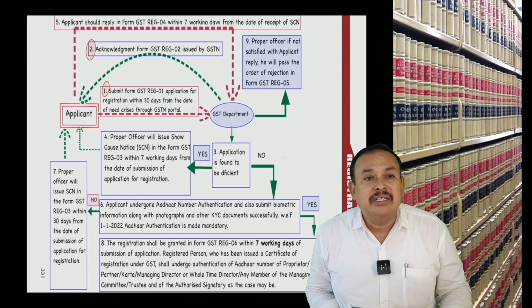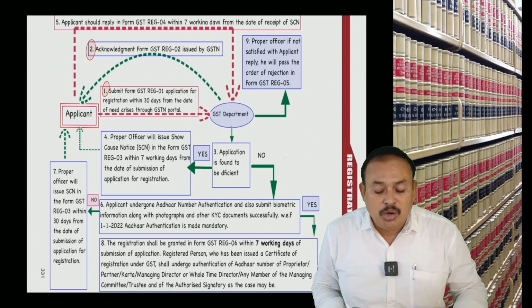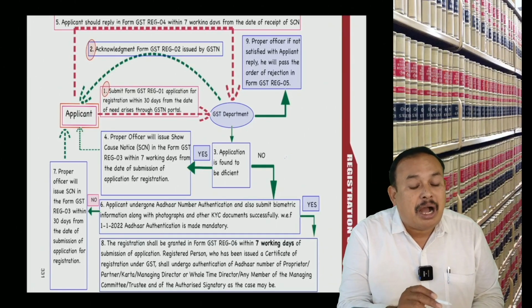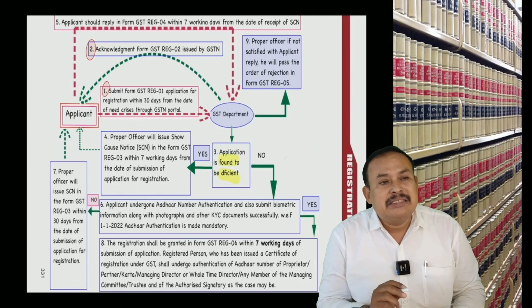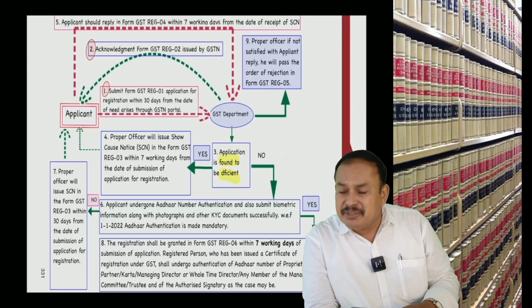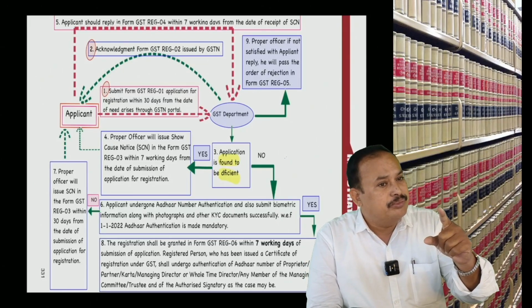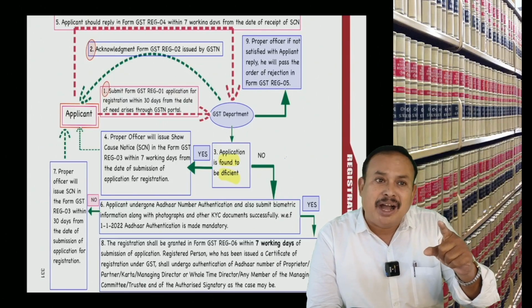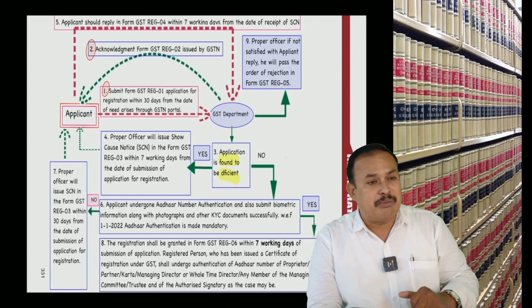The department officer noticed such things while going through the application for registration and found the application to be somewhat deficient. Then what will the officer do? Hey, I am sending a show cause notice to you, form GST REG 03. Give the additional information.